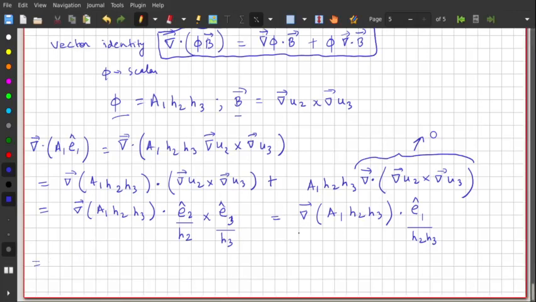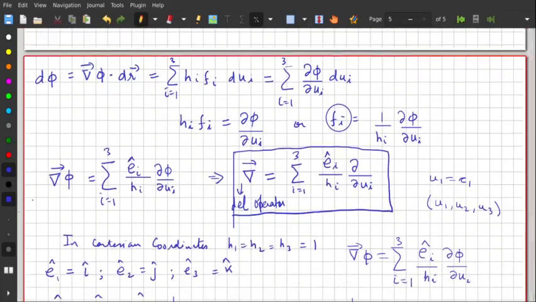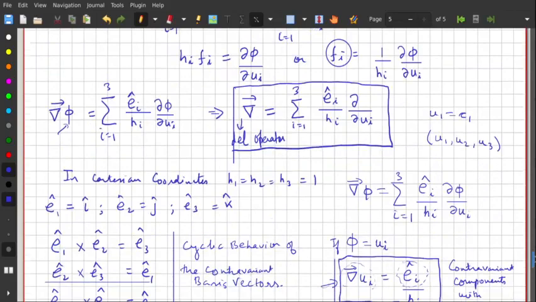Remember the grad operator is defined using this del operator. This is the grad acting on a scalar function, which is the sum over i equals 1 to 3 of e_i by h_i.